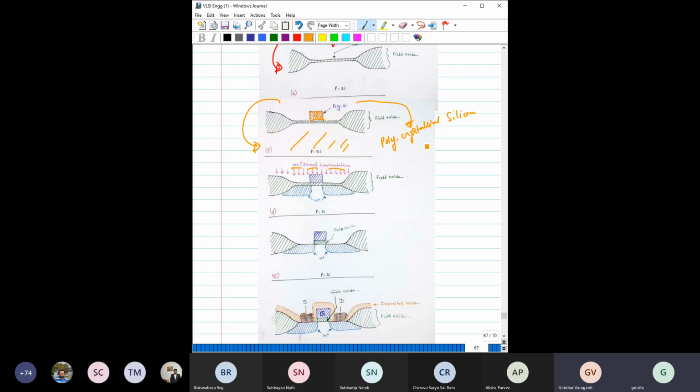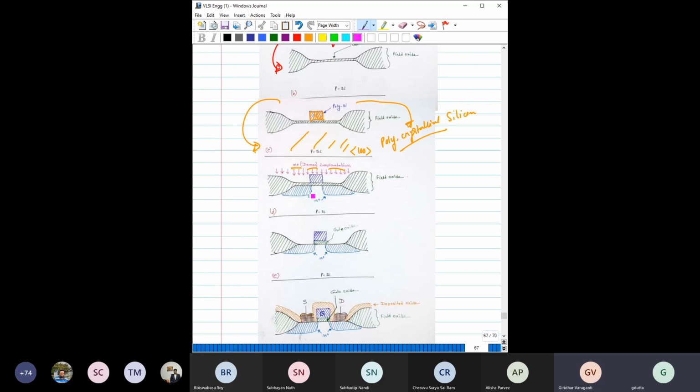Polycrystalline means its orientation is, say, if I say this orientation is 100, then the orientation of the crystal is fixed here. But for this polycrystalline, there might be many orientations inside these regions. It may be 100 in some region, 110 in some region, maybe 111 like that. So that is what a polysilicon is.